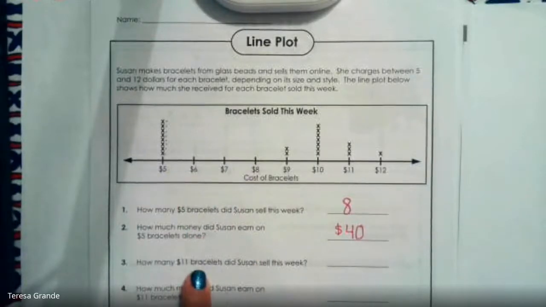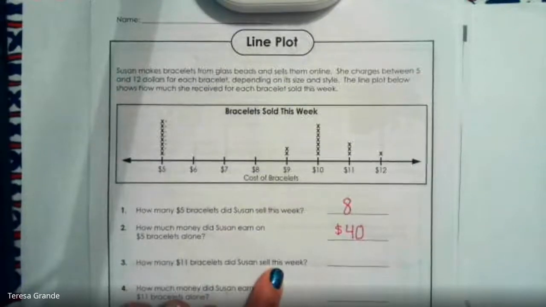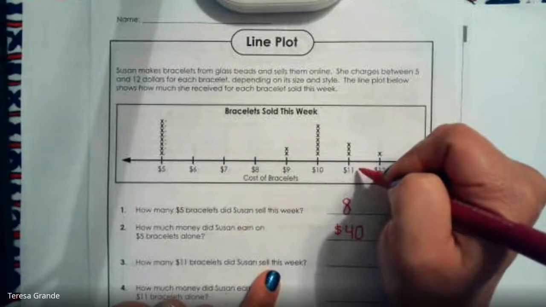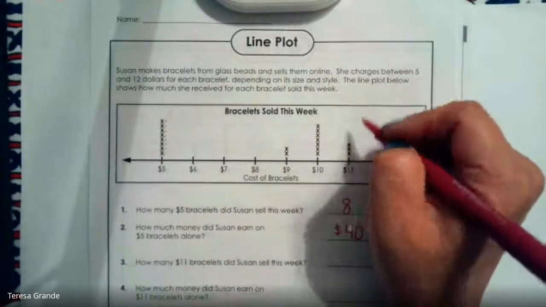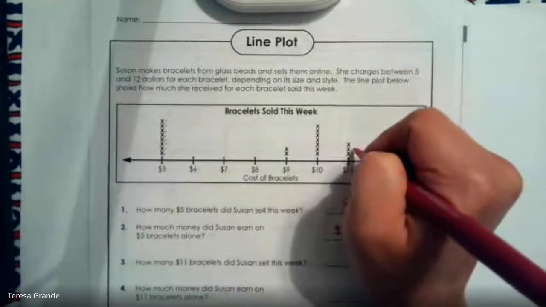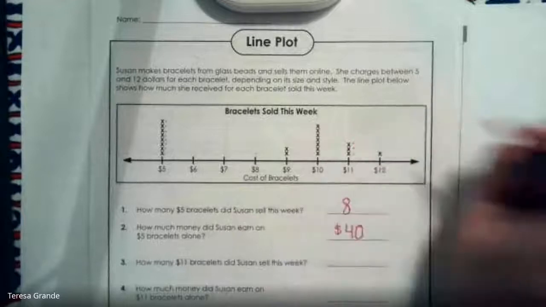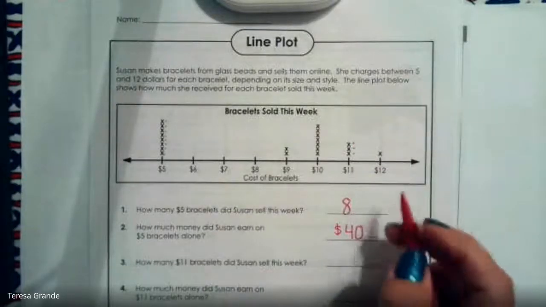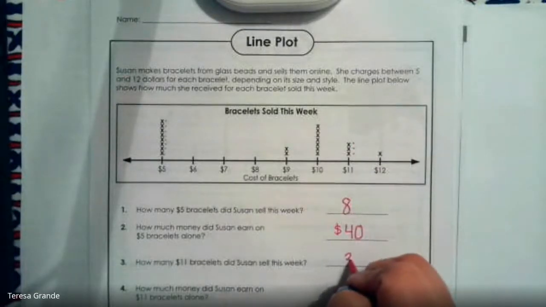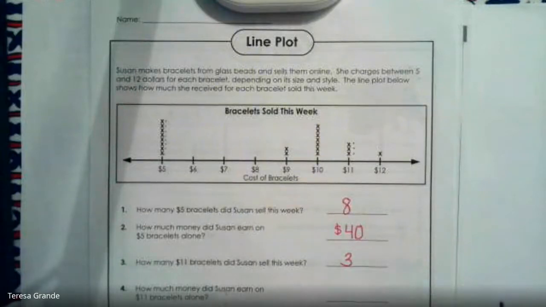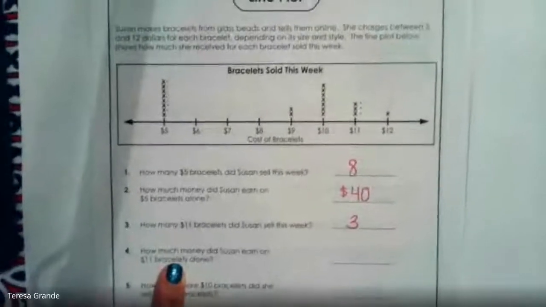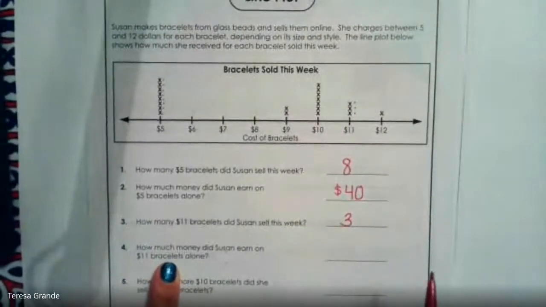How many $11 bracelets did Susan sell this week? Well, let's find $11 on the line plot. She sold 1, 2, 3 $11 bracelets. How much money did Susan make on $11 bracelets alone?